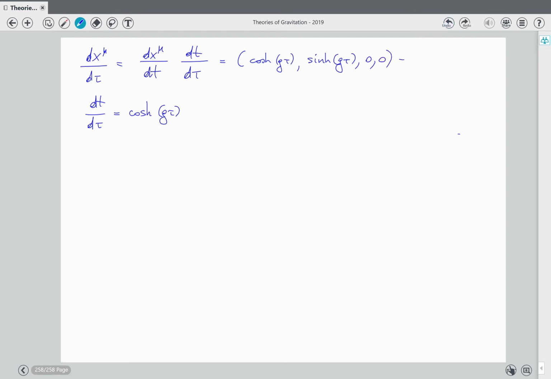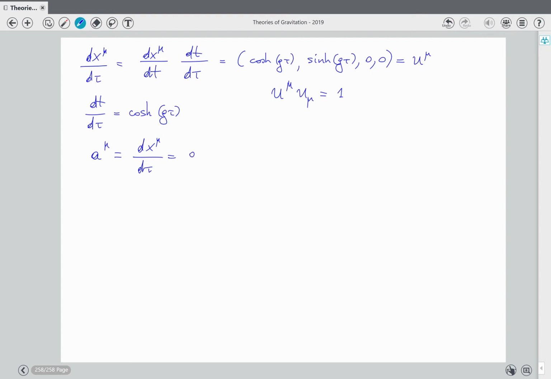Normally this is called u mu. So let's use that notation. And you notice that u mu squared is equal to 1. Because that's hyperbolic cosine squared minus hyperbolic sine squared. Finally, the acceleration 4 vector is the derivative of u mu with respect to tau, and that we can compute quite easily.